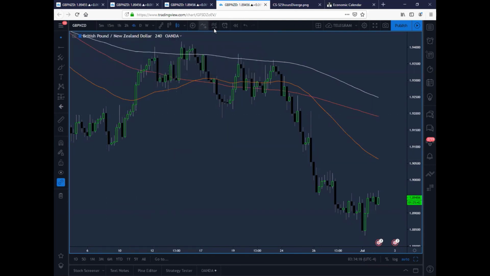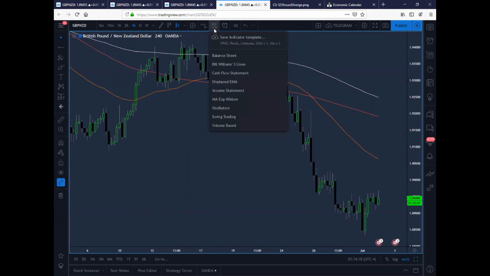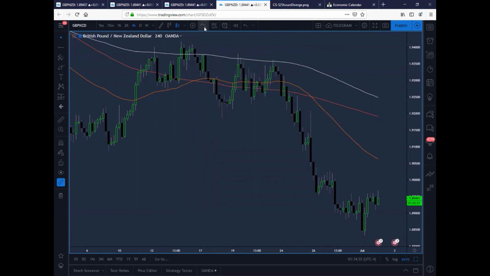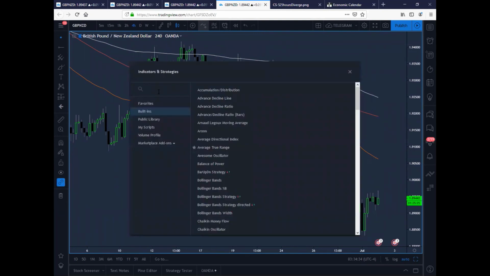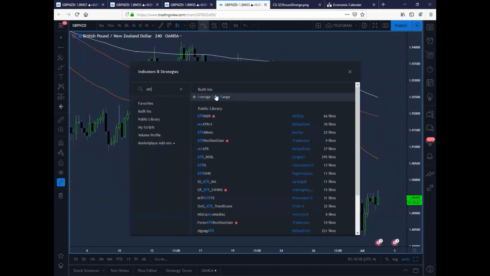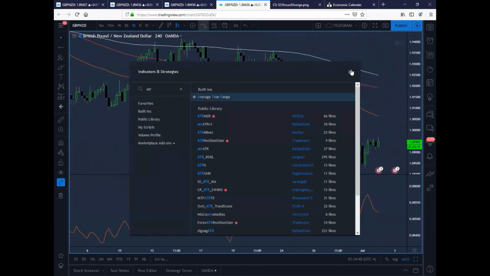So back to how to get the pips, get your risk and money management together. ATR, average true range.